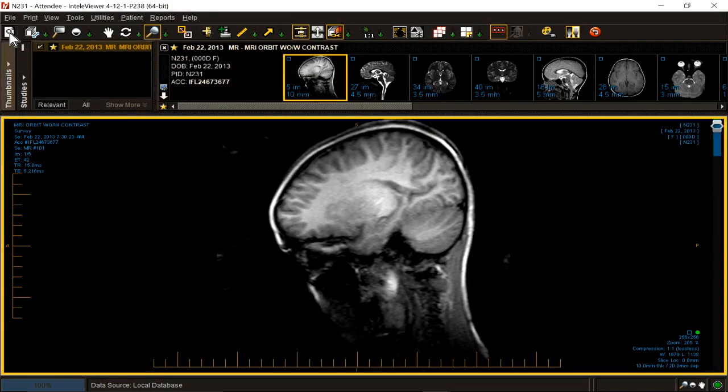Left orbit inflammation is the history. The patient is a female. She's 8.